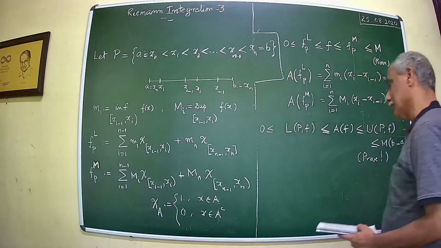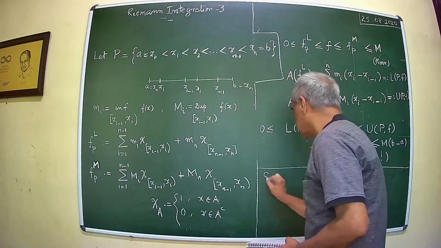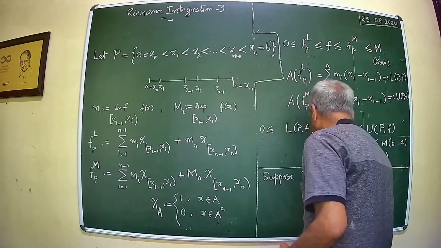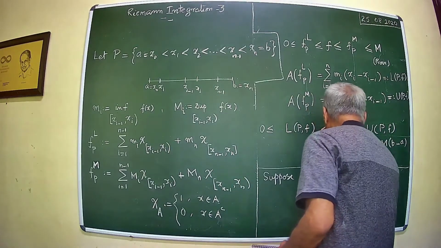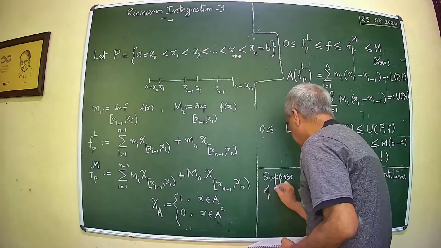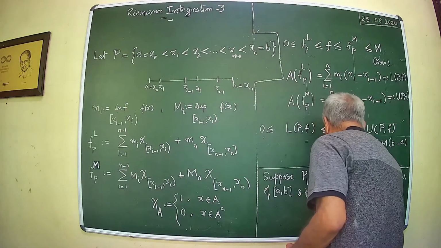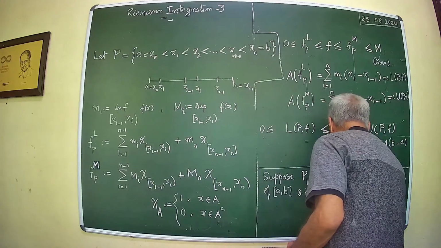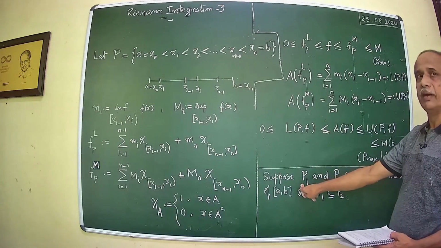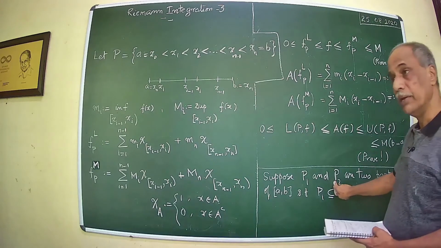Now we make an observation. Suppose P1 and P2 are two partitions of [a,b] such that P1 is contained in P2. That means every point that is there in P1 also appears in P2, and P2 may contain many more points.